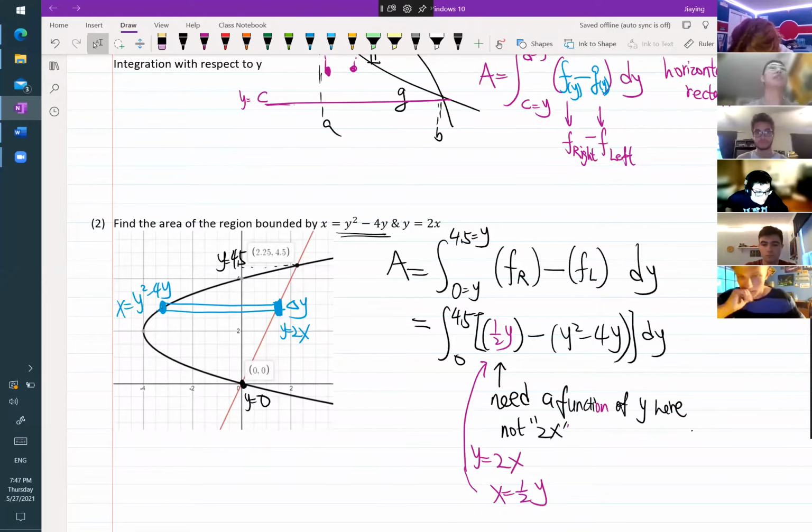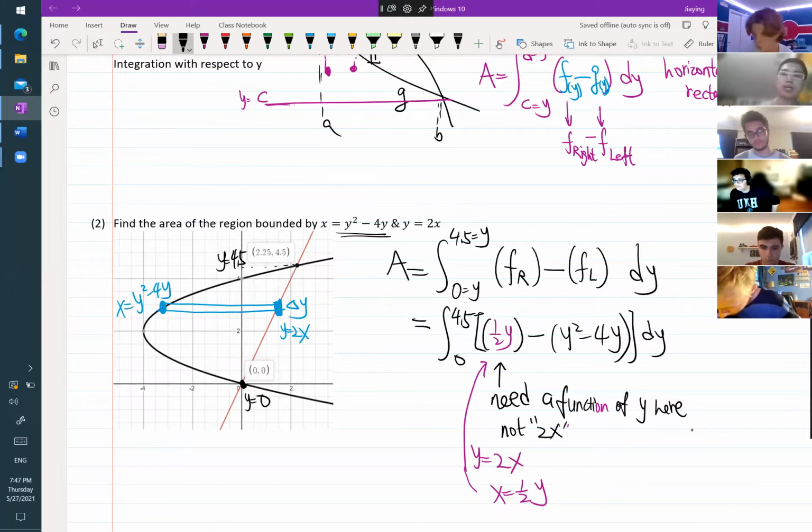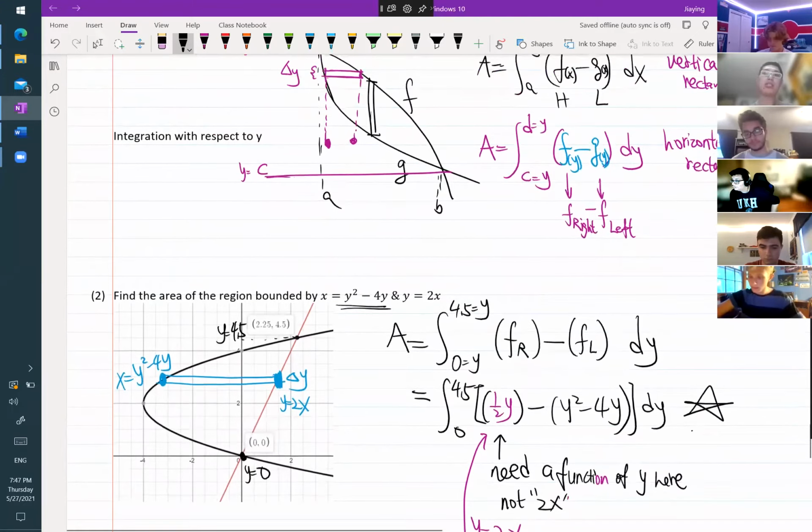The next step is to simplify the function in the middle a bit, distribute the negative, and then find the antiderivative, and then plug in y values directly to evaluate. It's the same thing as we have done with the fundamental theorem of calculus part 2. But the key part is setting up the area formula correctly using the horizontal rectangles. So that's the left and the right rectangles.